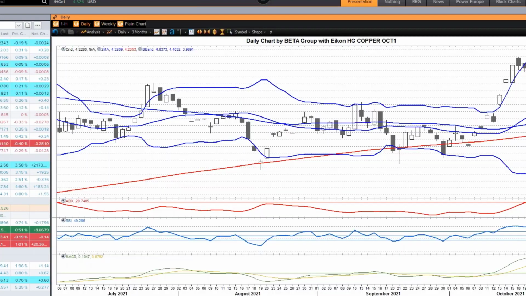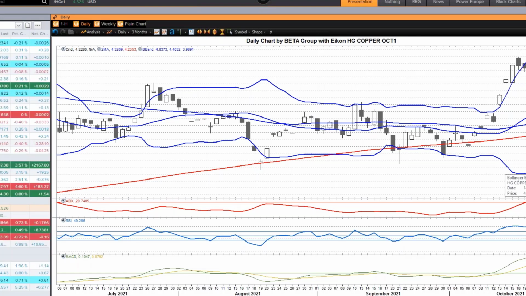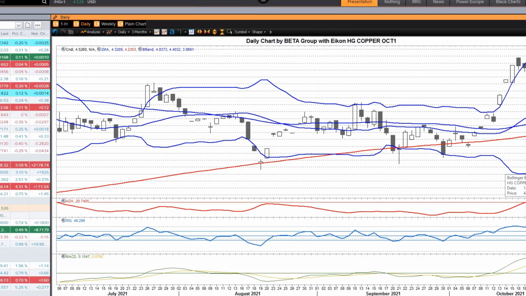On the daily chart, here it is. That's that very significant previous high here, and we've come off quite hard from it. But personally, I think that we've come back to a good support level around 4.45, as well as the 4.45 high.